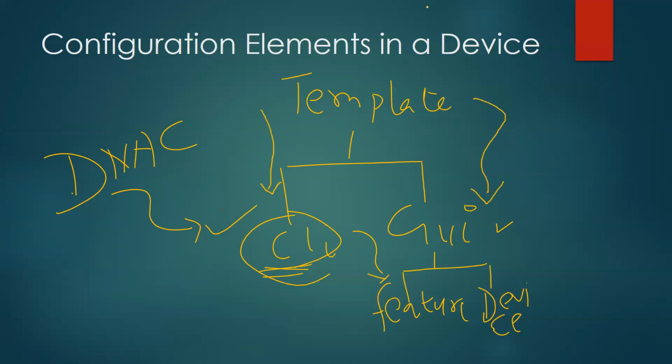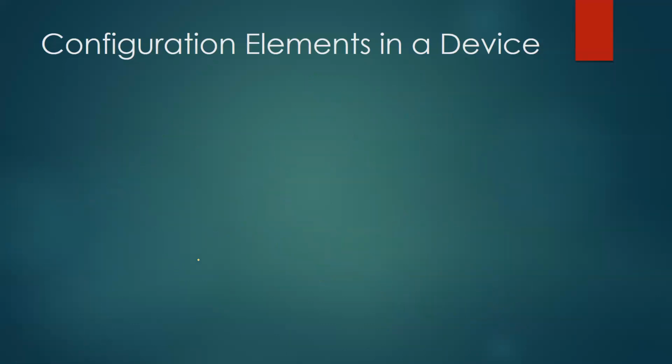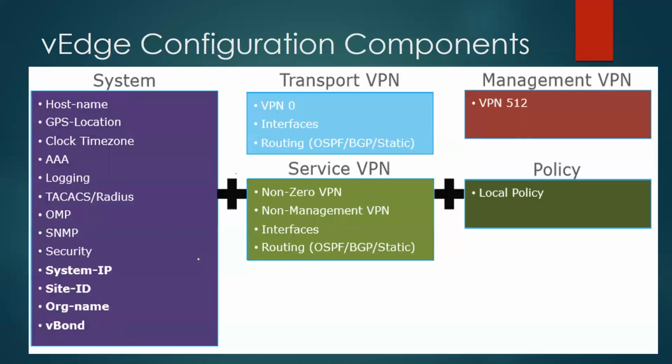Now, whether it's a CLI template or a GUI template, you'll find there are some similarities in terms of configuring the devices. Either way, you have to give the system-wide configuration, so you have to do the system configuration.